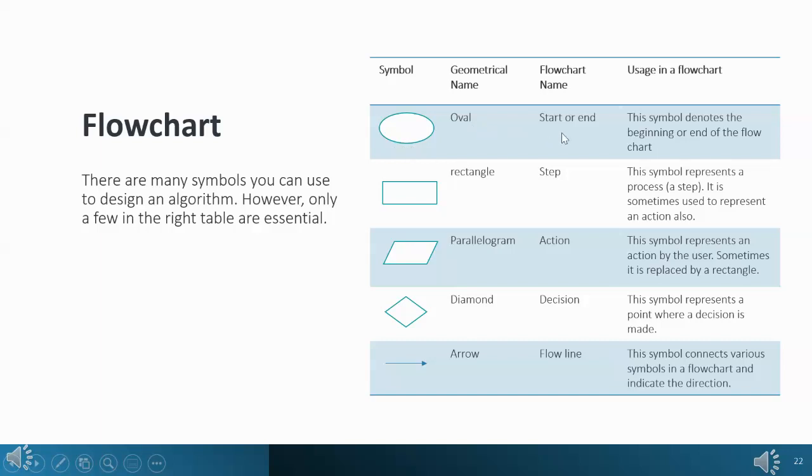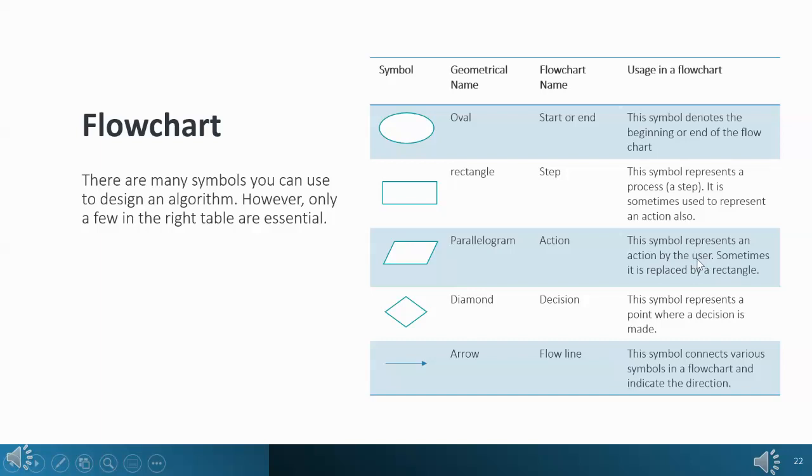The first symbol is an oval. An oval indicates the start or the end of an algorithm. The second symbol is a rectangle. This indicates a step or a process in an algorithm. The third is a parallelogram, which indicates an action by the user.